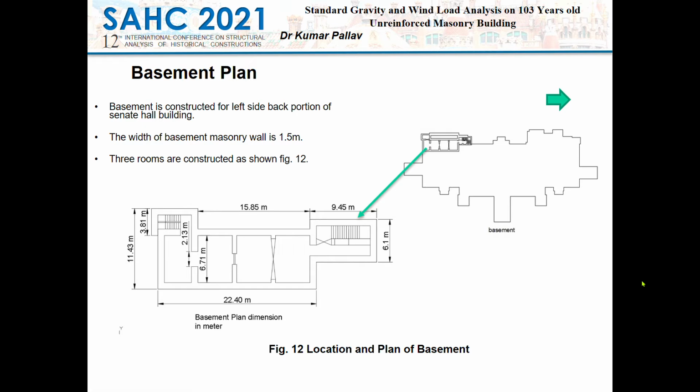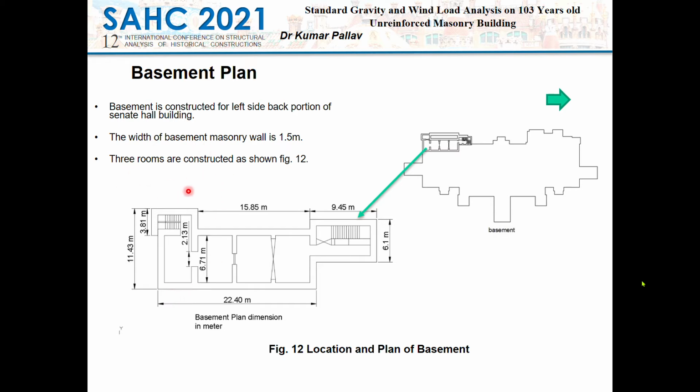Here I am showing you the basement plan of this building. The purpose of showing this is to show that the entire building is quite symmetrical, but only this portion, the back portion of the building, on the south side, has a basement, and the basement is around 31 meters in length and approximately 11.43 meters in width.